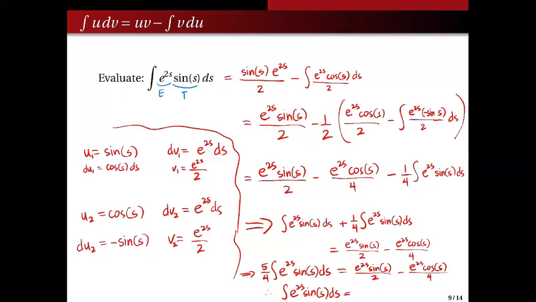When you do that, you'll just have 2 e to the 2s sine s over 5 minus e to the 2s cosine s over 5 plus the arbitrary constant c. So this is the final answer.